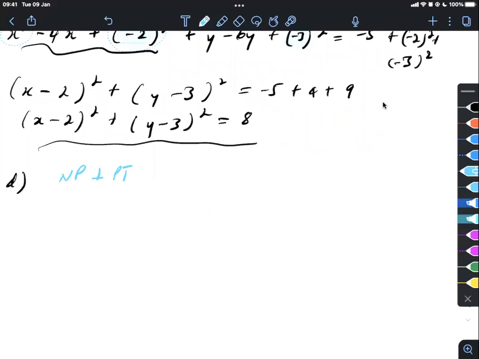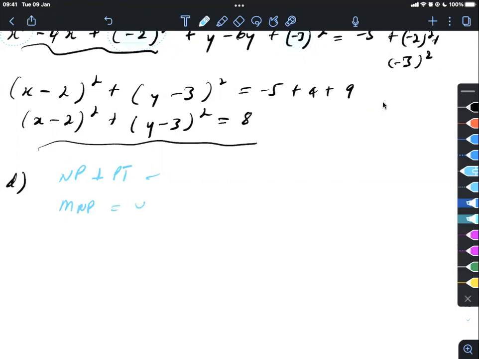So NP is perpendicular to PT. If they're looking for the gradient of PT, we can get the gradient of NP because NP is a radius. Now, we'll multiply that by the gradient of PT, and the product should give us a -1. So let's find the gradient of NP, because that's actually what we have.